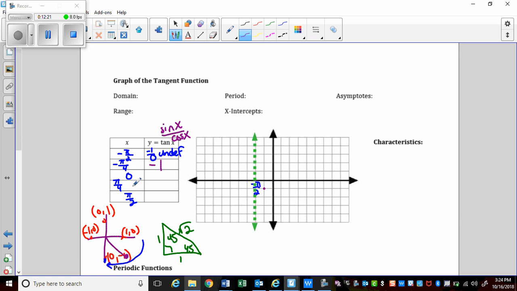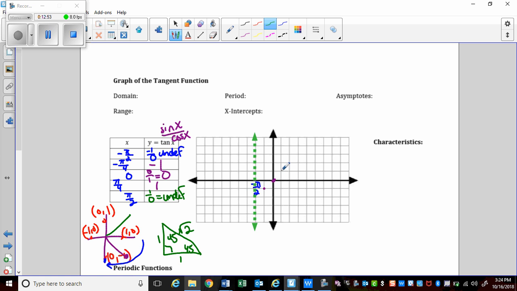At 0, tangent is sine over cosine. So 0 over 1 is 0. And then at pi over 4, that is 45 degrees, 1 over 1, which is 1. Pi over 4, just regular pi over 4, is in the first quadrant, which means tangent is positive. And then pi over 2 is sine over cosine, 1 over 0, and that is also undefined.